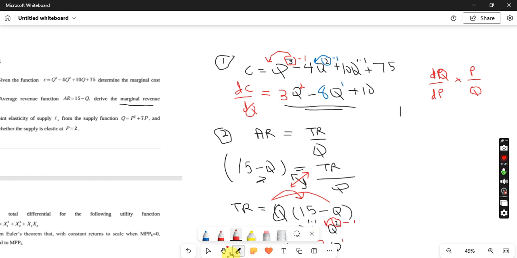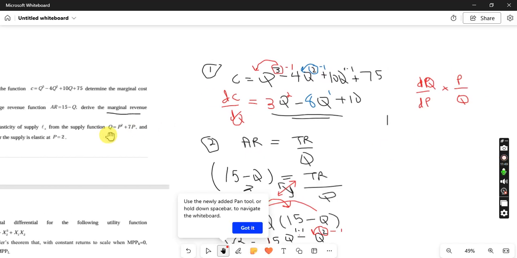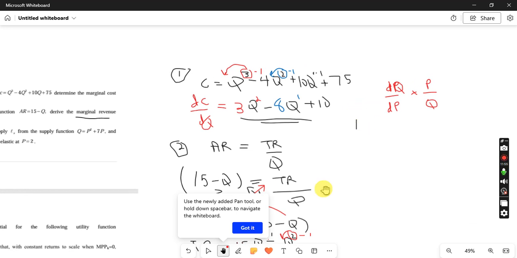So first things first, let us find the quantity. They've told us the price equals 2.